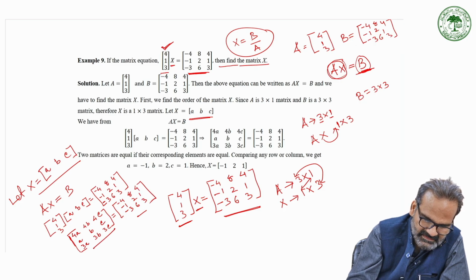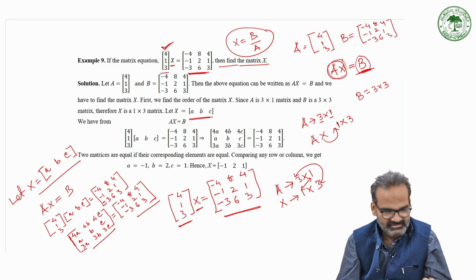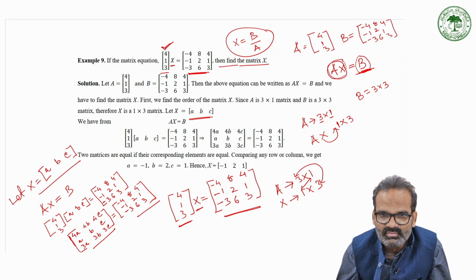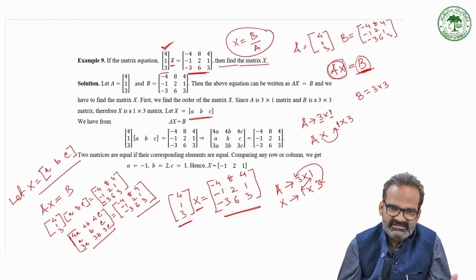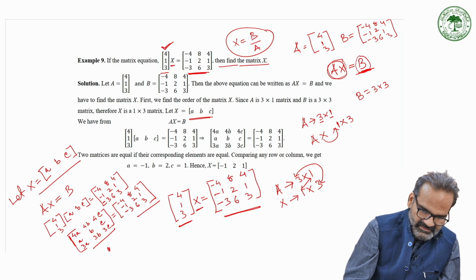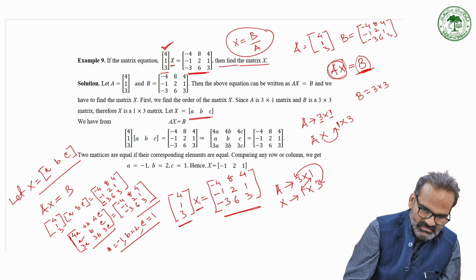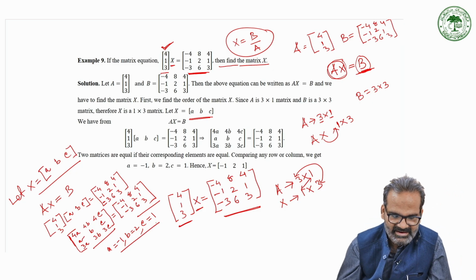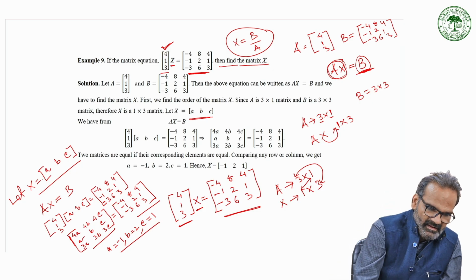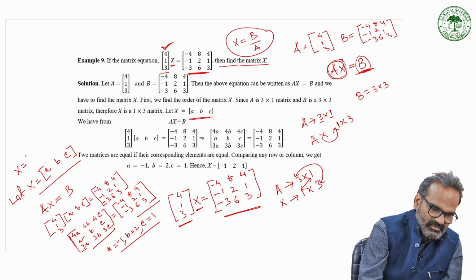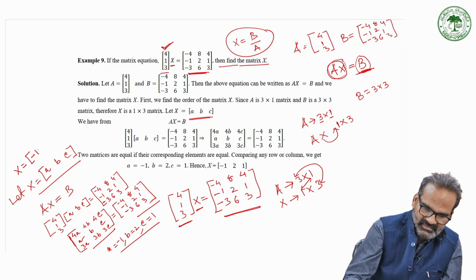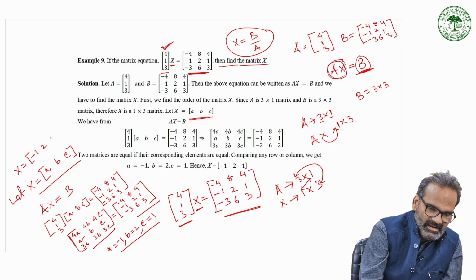So this matrix is equal to this matrix, and we know that if two matrices are equal, their corresponding elements must be equal. So corresponding elements means from here a is -1, b is 2 and c is 1. So the values of a, b, c are -1, 2 and 1, and what we have taken as X, put the values of a, b, c as -1, 2 and 1.